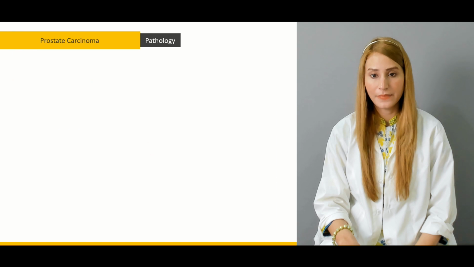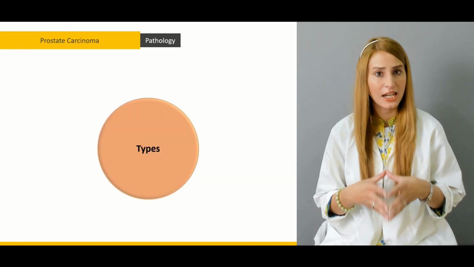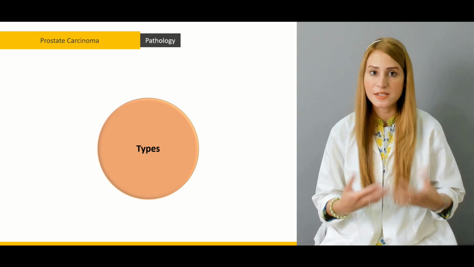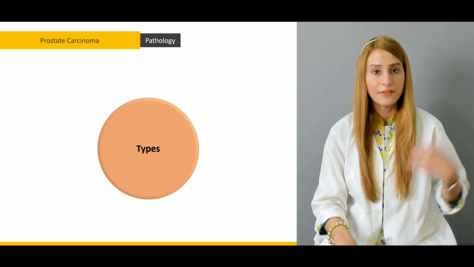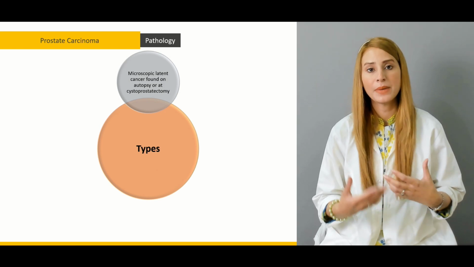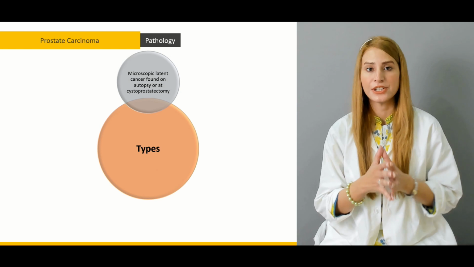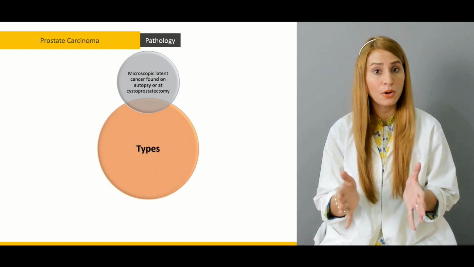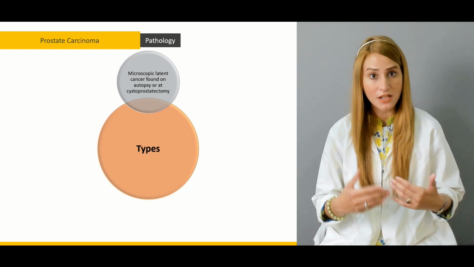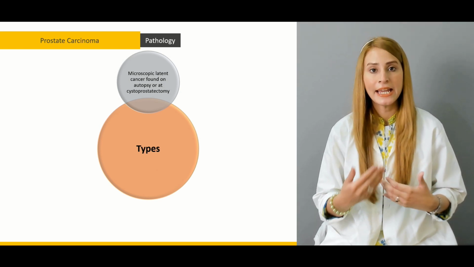So if we talk about the different pathological factors which are responsible for prostatic cancer, we'll be discussing each one by one. Actually, if we talk about the pathophysiology of prostatic cancer, the prostate is a gland composed of different kinds of ducts and acini.